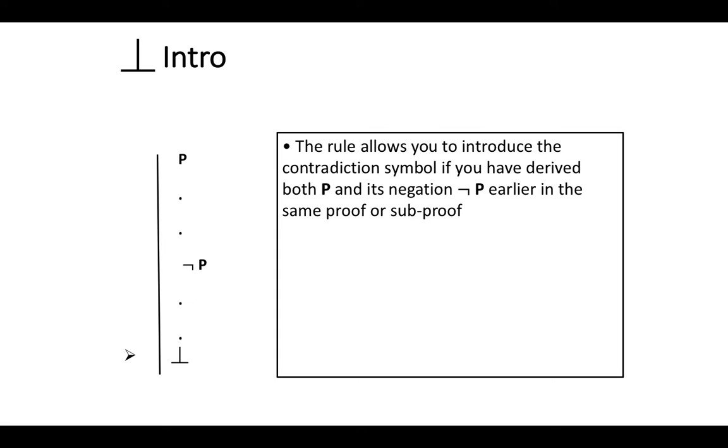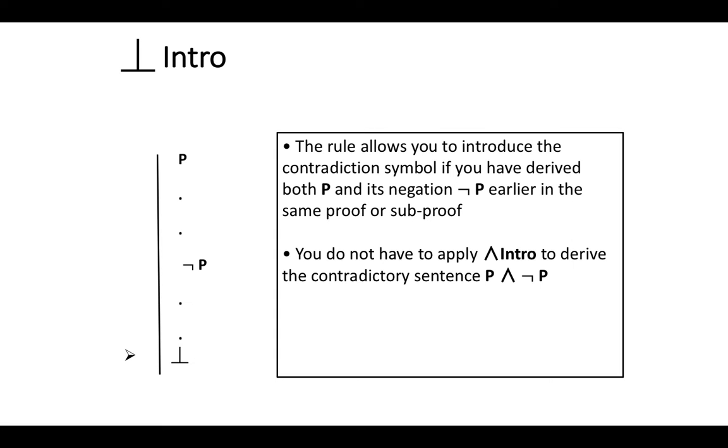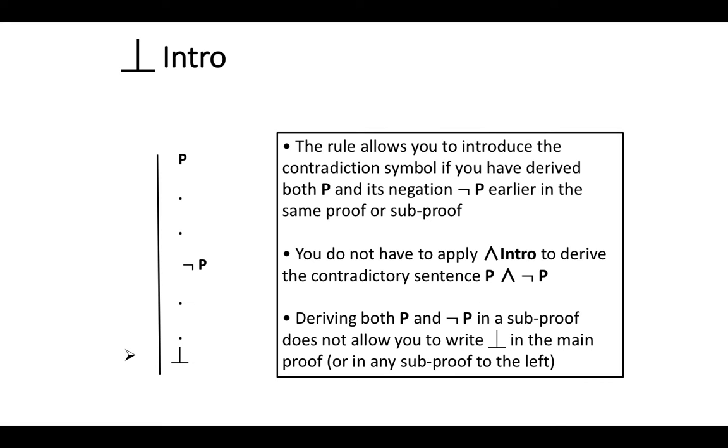P can be any sentence, of course. You don't have to apply conjunction introduction to derive the contradictory sentence P and not P. And then finally, deriving both P and not P in a subproof does not allow you to write the contradiction symbol in the main proof or in any subproof to the left. So this final point is actually very important.